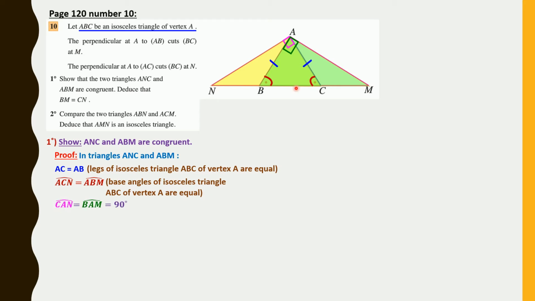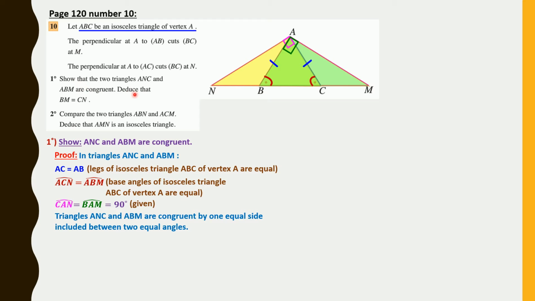And last, angle CAN equals angle BAM equals 90 degrees. It's given. They placed the codes here on the figure for perpendicular. Now the congruence statement: triangles ANC and ABM are congruent by one equal side included between two equal angles.